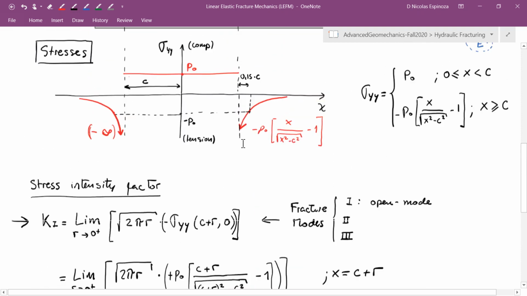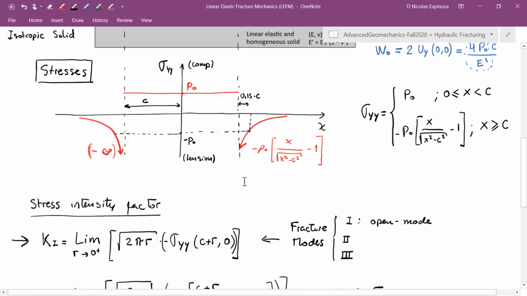So let me go a little bit up in here, and probably this is a better image to talk about the stress intensity factor. R is going to be a variable that starts at the fracture half length and increases from there.